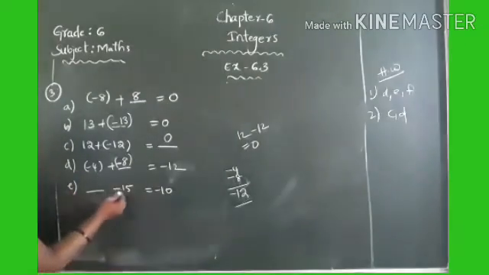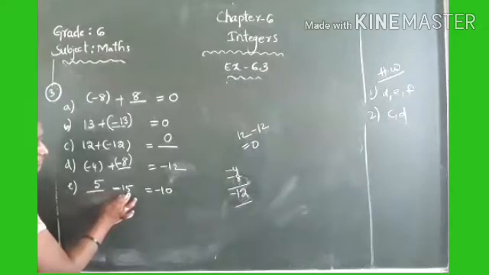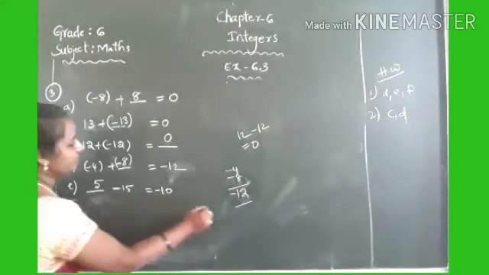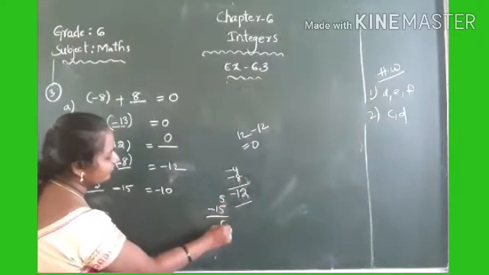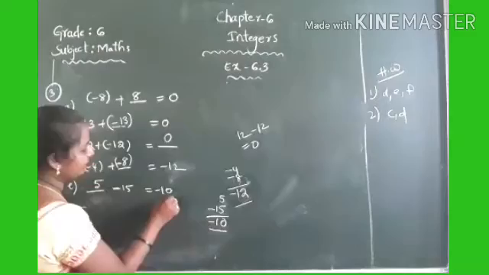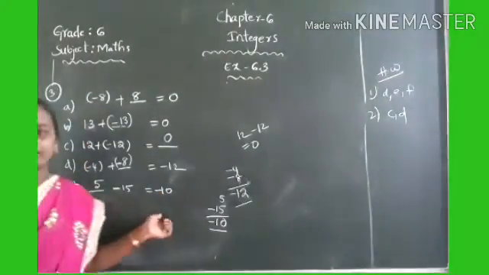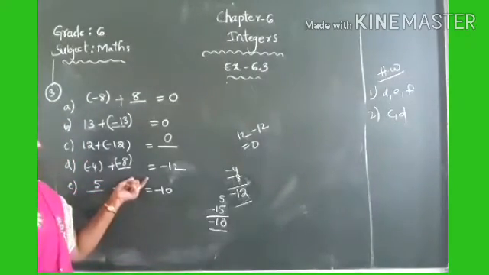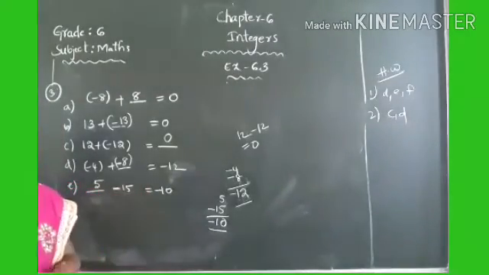If you take 5, minus 15 plus 5 is equal to minus 10. Subtract: 5 minus 5 is 0, 1. So it is equal to minus 10. Okay, children? So very easy. This one also you have to write down in your class work.